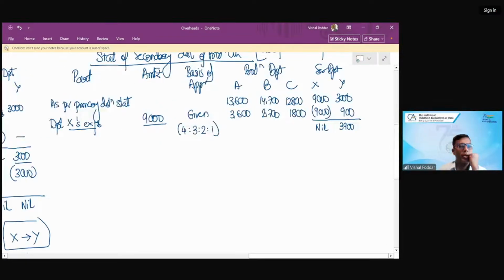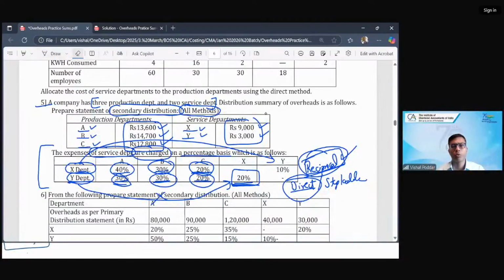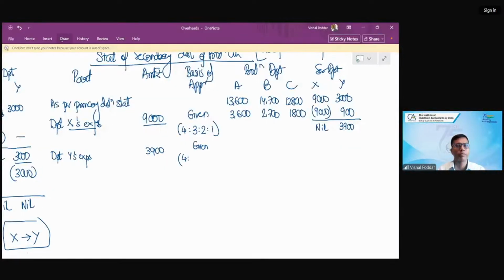Now the difference is when we divide Y's expenses, now we will also give to X. So now this ratio we will be using. So it is 3, 3, 2, 2.